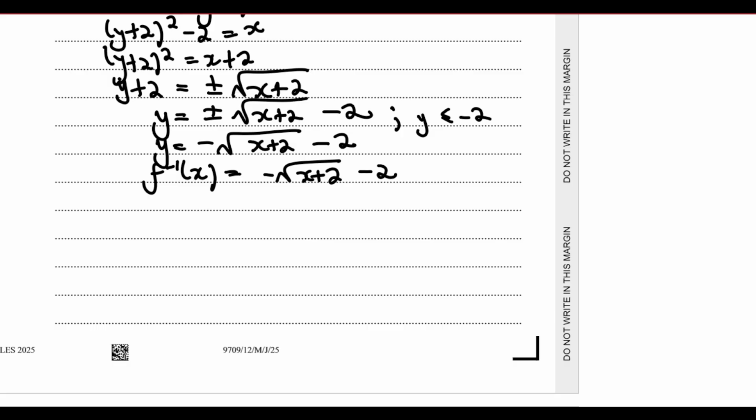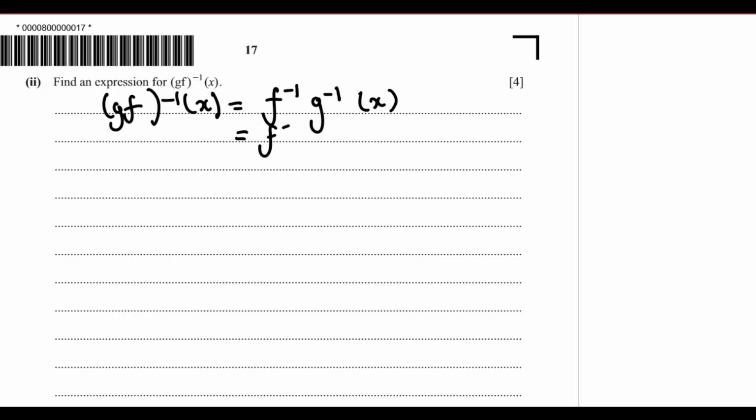Question ii, we need gf inverse. Now you can either find gf first, as in substitute f into g, take that result and find the inverse, or you can use this fact: (gf) inverse is f inverse g inverse x. So take g inverse and substitute it into f inverse.